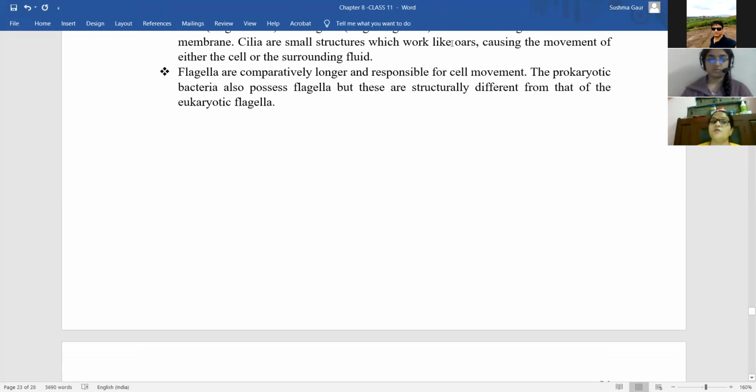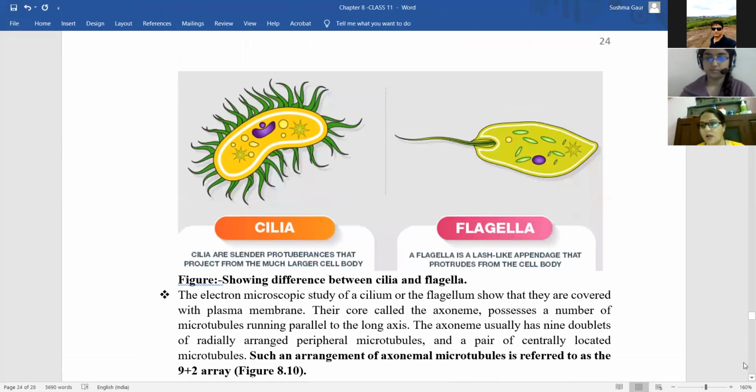They are responsible for movement of the cell or surrounding fluid, whereas flagella are responsible for cell movement. Fluid movement can also happen through cilia, but flagella are mainly responsible for movement of the cell.